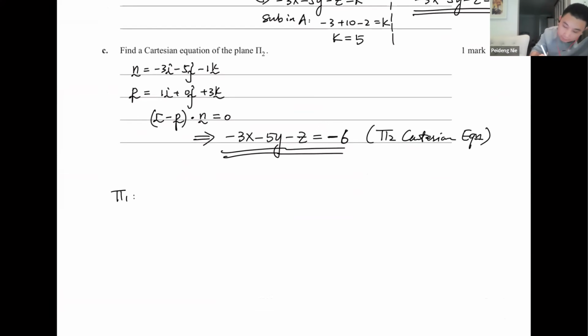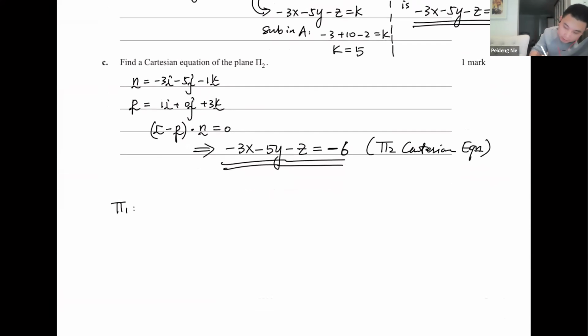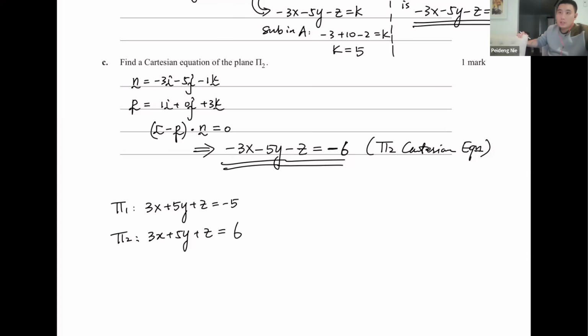Pi 1 is actually, if I divide everything by -1, that will be 3x plus 5y plus z equals to -5. Pi 2 is going to be 3x plus 5y plus z equals to 6, okay? So you basically apply the similar idea to the multi-choice question before.